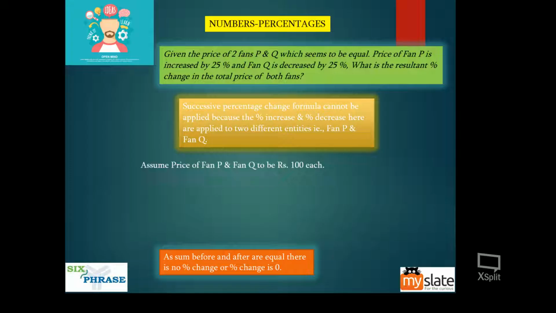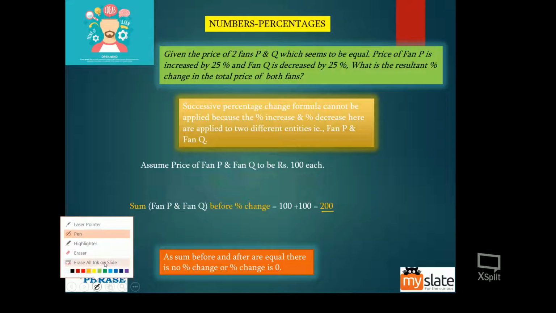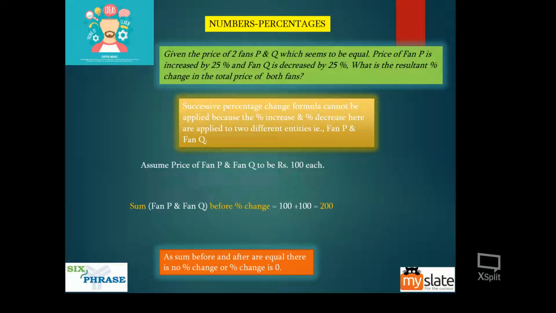Because we are not given the initial price, we assume it to be 100. So initially, fan P's price is 100, and fan Q's price is 100. The sum of fan P and fan Q before percentage change is 100 plus 100, which is 200. Now let's apply the percentage change.